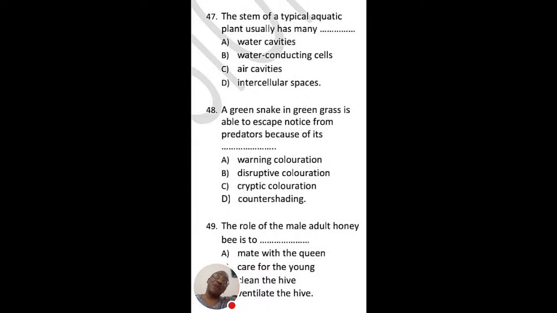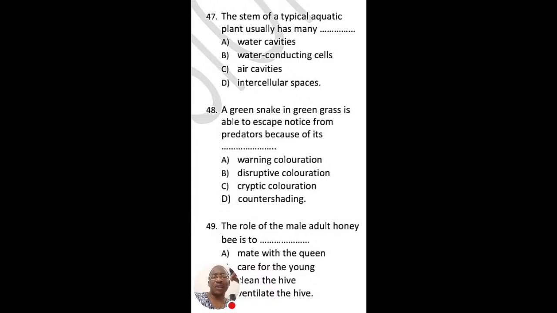So the light in the sky blends with the white ventral surface, and that predator will not be able to see the frog. But if the predator is from the sky, like a kite, the dark dorsal surface of the frog will blend with the background of the water. So that's called countershading. It's a method animals use to escape.